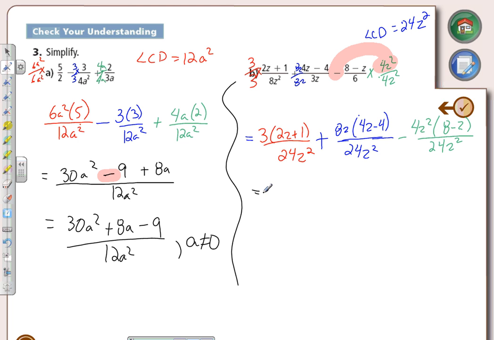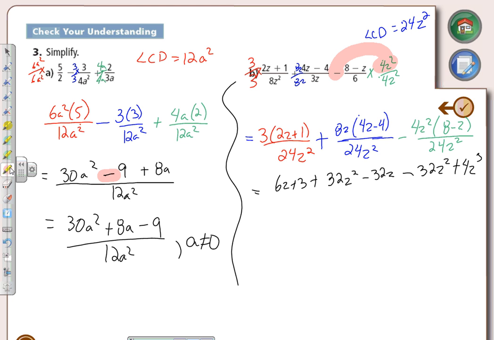Bring them all together. We've got 6z plus 3 plus 32z squared minus 32z minus 32z squared plus 4z cubed.